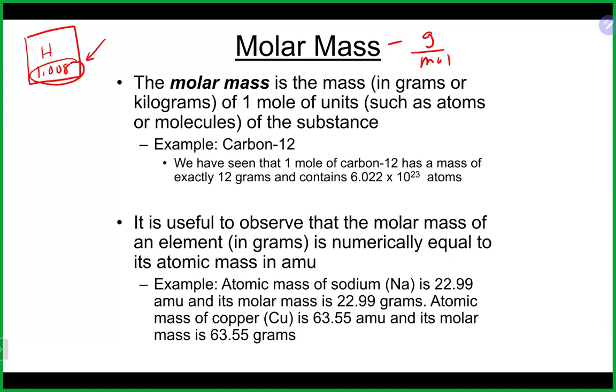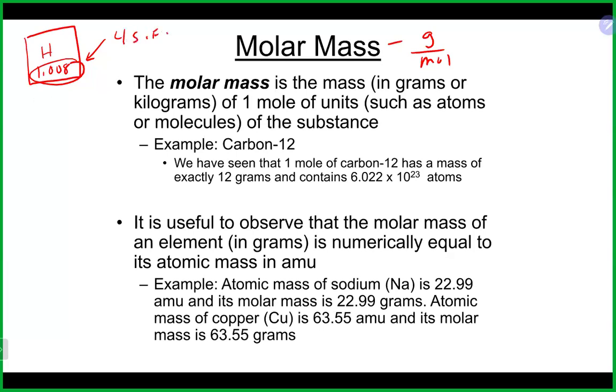So in an earlier chapter, we saw that that was our atomic mass in AMU. We could also pull that number off the periodic table and use it as the molar mass for that particular element. And much like the name implies, molar mass, mass per mole, is how many grams there are per mole. And we typically pull that number off to 4 significant figures.